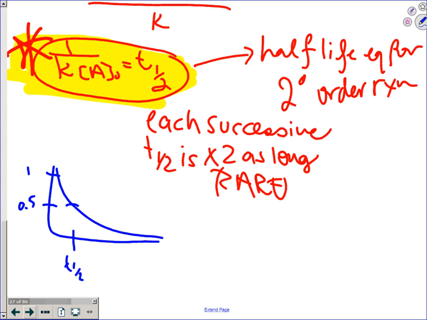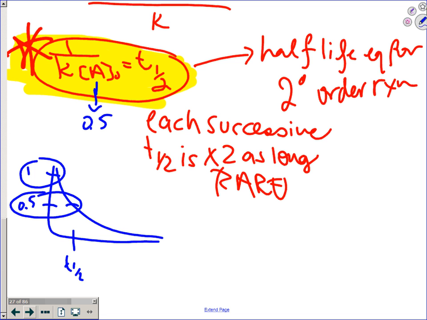So I went from 1 as my initial concentration. Okay, so 1 over k times 1, that's 1 half-life. The next half-life would be starting with this 0.5, right? So how would putting 0.5 in right there change the time? Make it longer, right? It's twice as long. So it's weird. You're dividing by a lower number, so essentially it's a higher time. It gets twice as long every single time you have a half-life. We don't ever see this. Radioactive half-life is always first order, so we don't often see this.